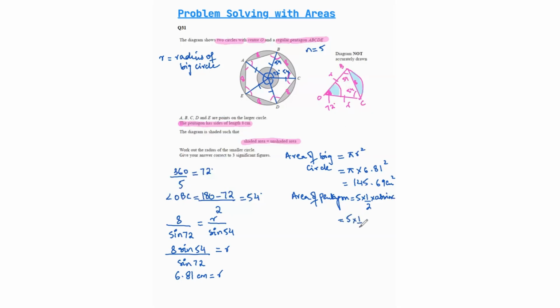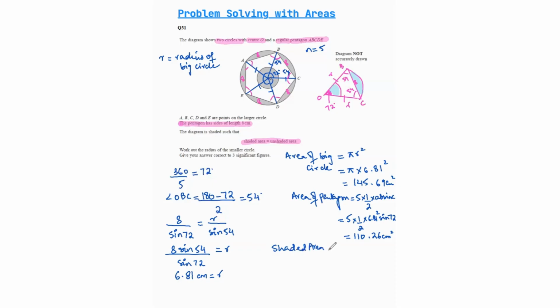So 5 times 1 over 2 times 6.81 squared sine of 72. So 6.81 squared times sine of 72 times 5 divided by 2. That's 110.26 centimeters square.